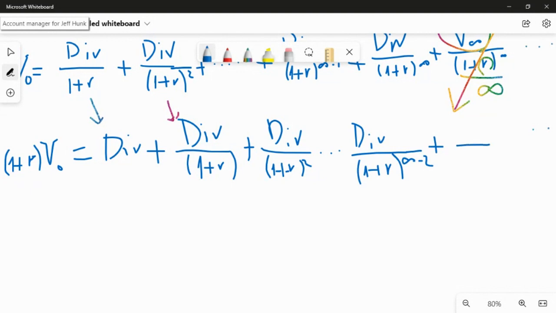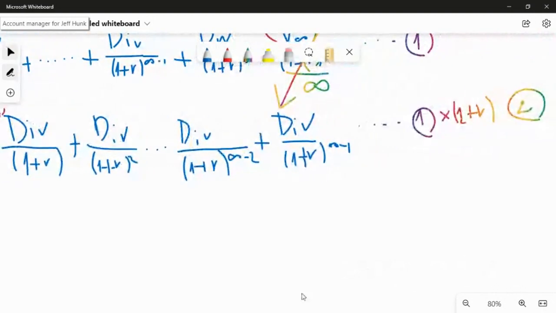And it doesn't stop only here because it goes to infinity. Still there will be a dividend over 1 plus r raised to infinity.